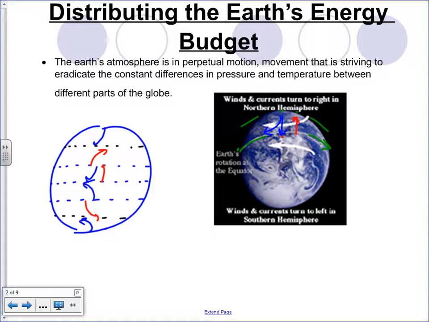Okay, so you get this kind of banding. We don't see it because our atmosphere is transparent. Okay, so it's not really evident unless there's a big storm, and then we can track the big storm moving according to those winds. Ever watch hurricanes when they land on land in like Florida and places like that? Okay. You never see a hurricane move away from Florida. Okay? They never go out to sea because the prevailing winds are always drawing them from east to west.